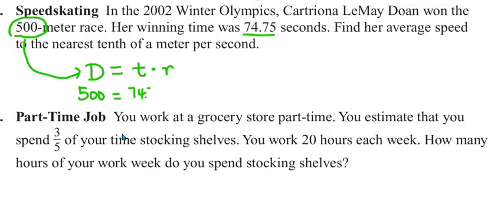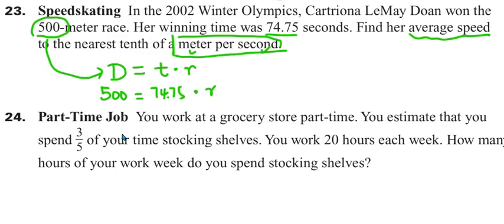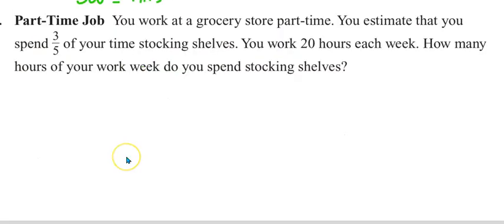We plug in the time, in seconds. It asks us for average speed, that is rate. We need to check the units here. Yes, it gives us meters and seconds, and asks us to find meters per second. Then all we need to do is a division, and we'll be done.